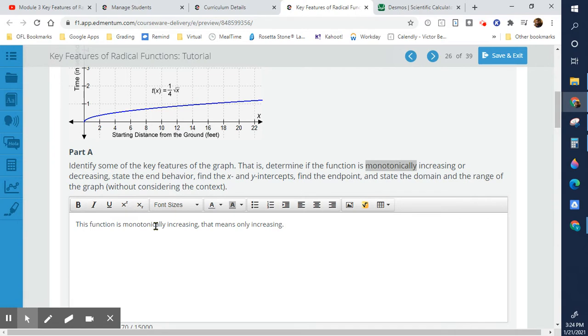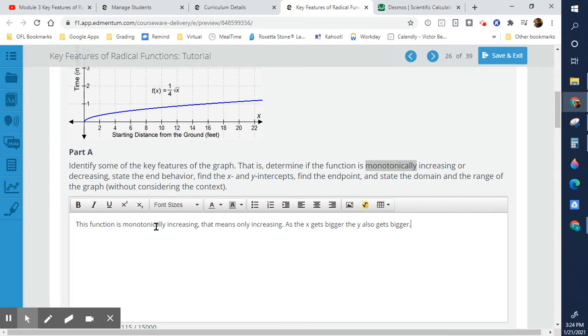State the end behavior. As the x gets bigger, the y also gets bigger. There's no end behavior to the left.